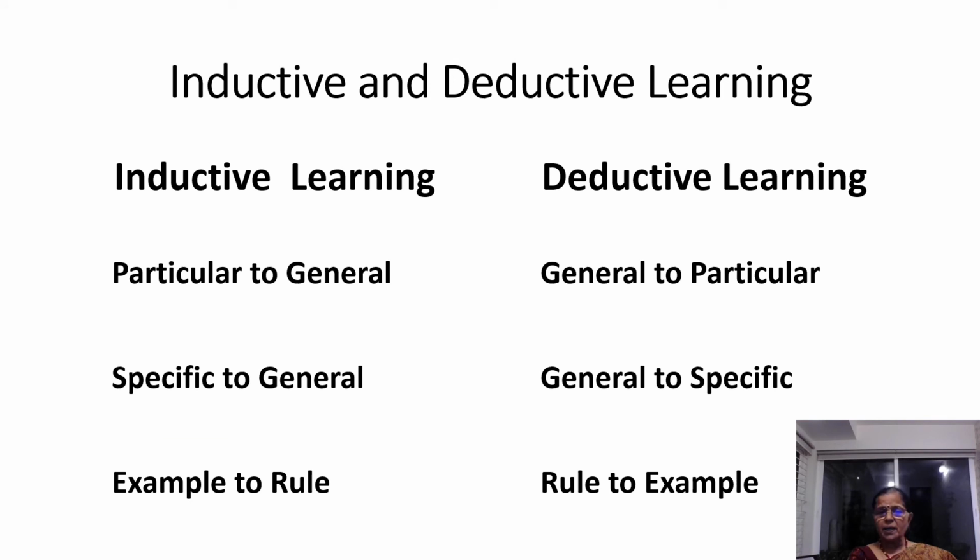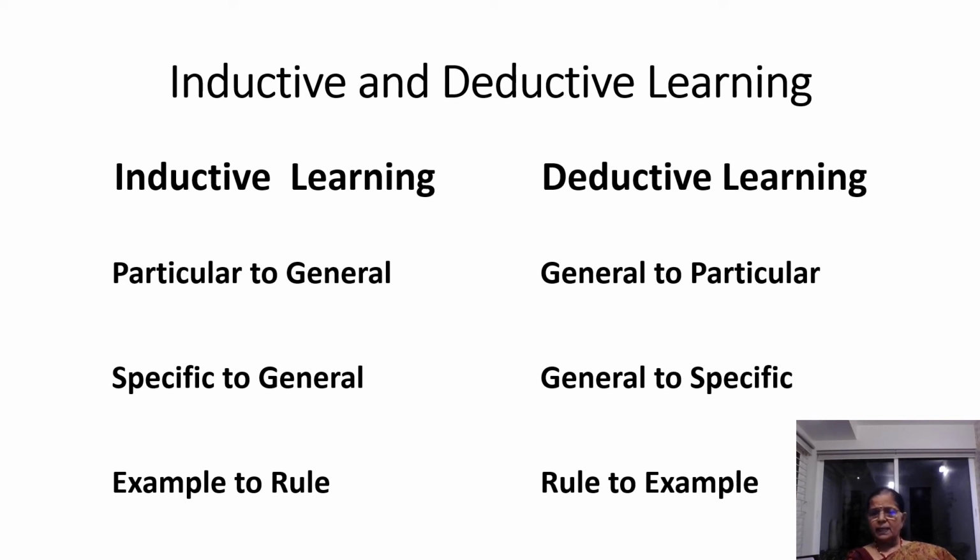And while we were talking about from the specific to general in the previous maxims of teaching, this gives rise to two different important concepts, the inductive learning and deductive learning. These terms you should be familiar with because many times questions are asked in NET about the difference between inductive learning and deductive learning.